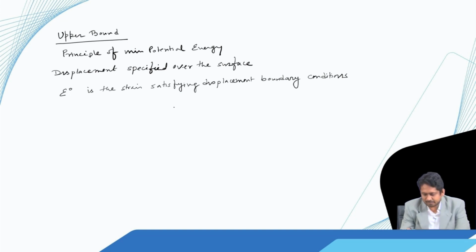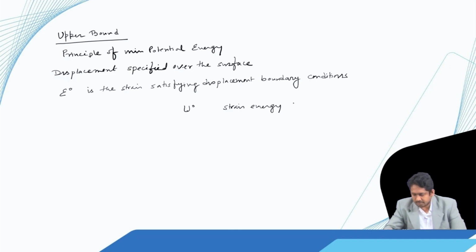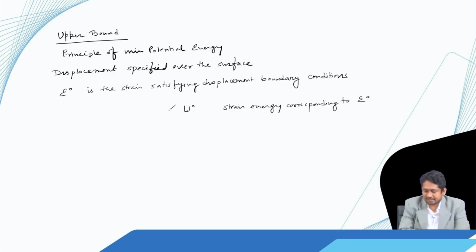So, we can say that U0 is the corresponding strain energy corresponding to epsilon 0, and then the principle says that the actual strain energy U has to be less than or equal to U0.